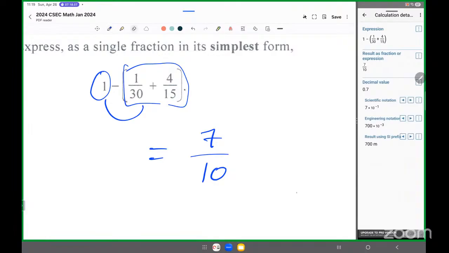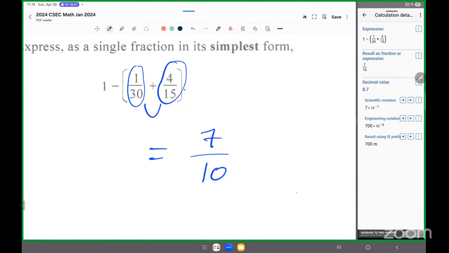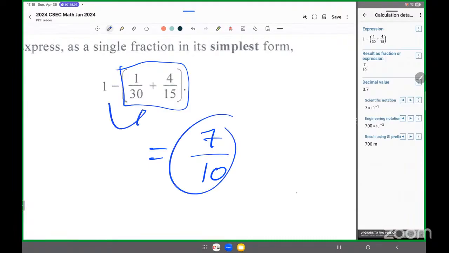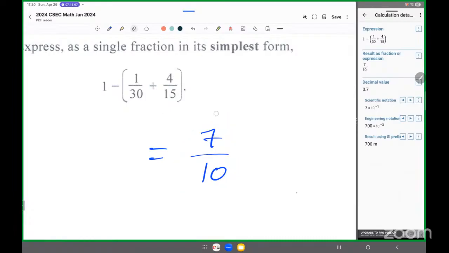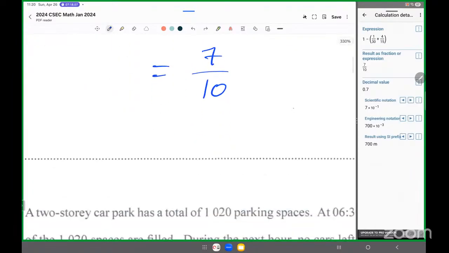So the space that is left as a fraction is 1 minus that, which gives 7/10. You have already worked out the fraction that is left, 7/10. If you make that recognition, this question will come very easy.